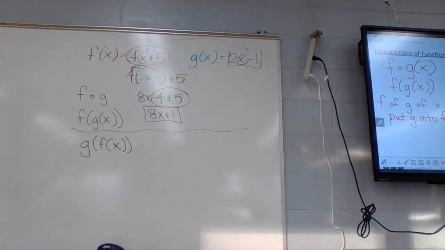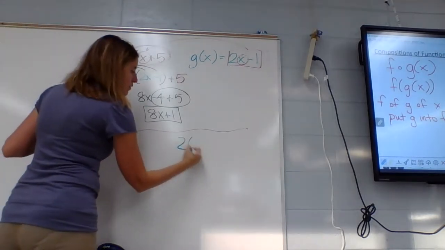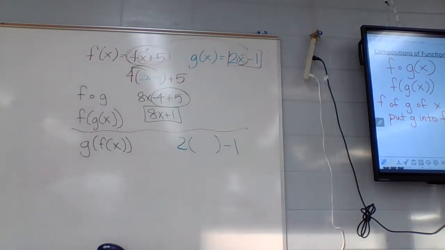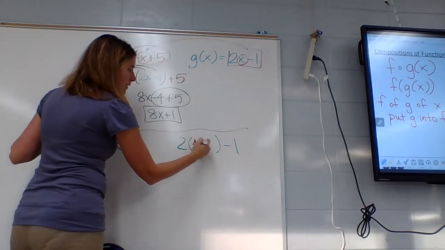And so you're going to get a different function when you do that. So I would take the 2 parentheses minus 1, and I would put the 4x plus 5 in there. So here we distribute, and so I get 8x plus. So I get something pretty similar, but obviously not the same. We want to make sure we understand that one is different than the other.